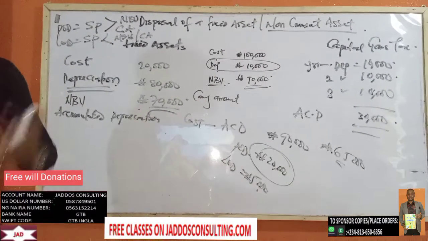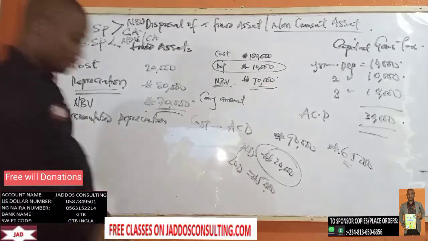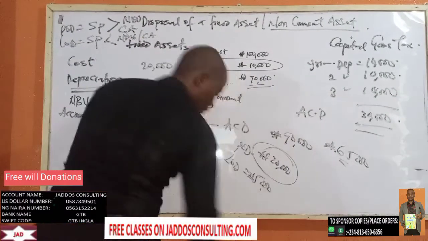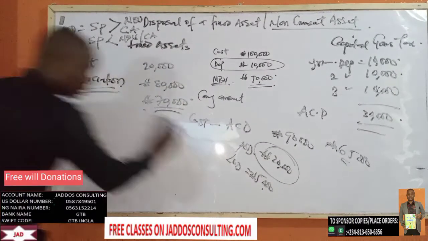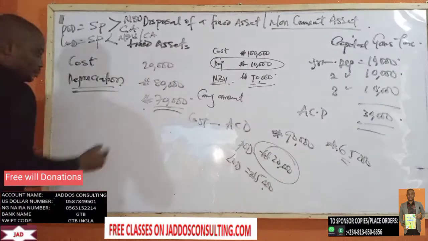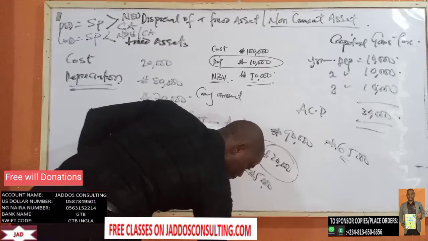So what are the double entry principles, or how do you account for it? I'll take a very simple illustration. How do we account for it?